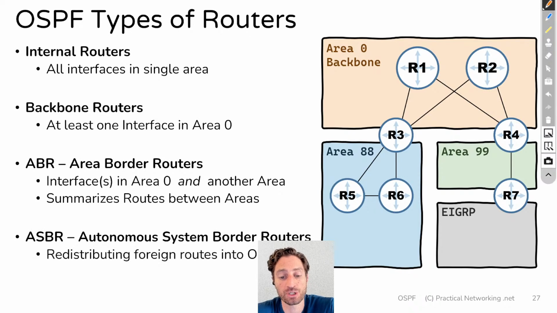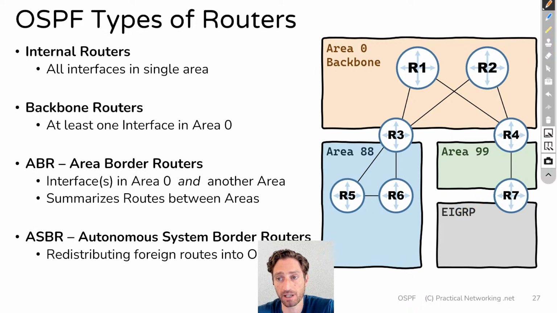An ASBR is redistributing routes learned from some foreign mechanism into OSPF. In this example, router 7 is doing EIGRP with potentially other routers that exist over here. And whatever router 7 learned about in EIGRP, if it's redistributing that into the OSPF domain, router 7 is referred to as the ASBR for this OSPF domain.